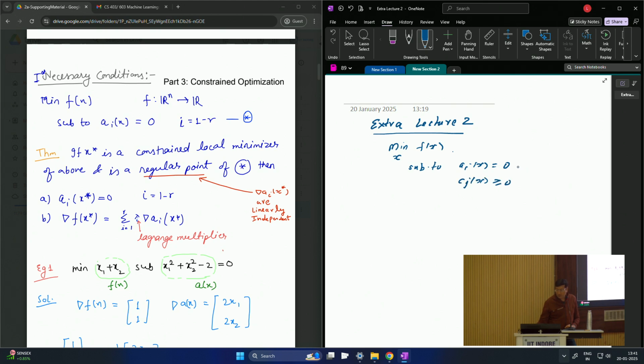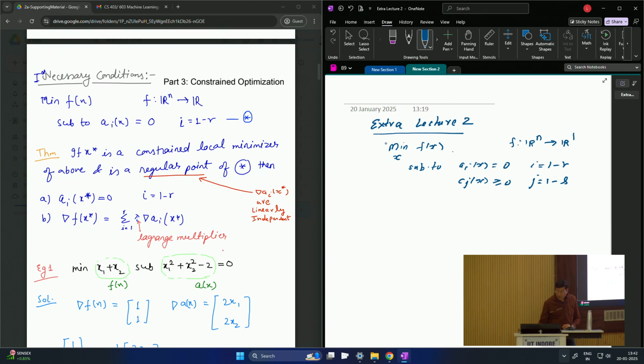This is referred to as the equality constraints, and this is referred to as the inequality constraints, and f is going from n-dimensional space to a one-dimensional space. The range is always 1. If there are multiple ranges, it's the case of multi-objective optimization, where you can take different objective functions and minimize separately. But the domain is something more critical to us.